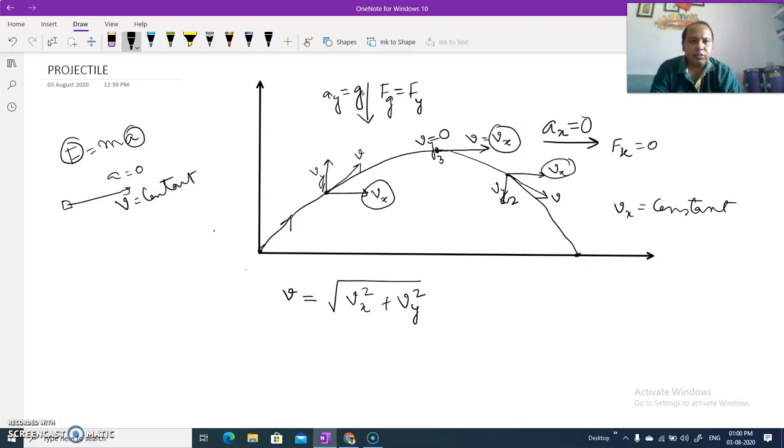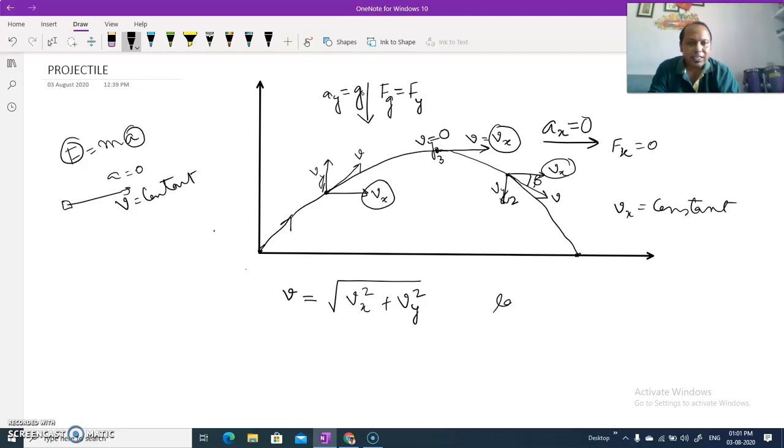You can also find the direction of the velocity at any point. Suppose we consider this point. Here the angle V makes with the horizontal, let this angle be beta.